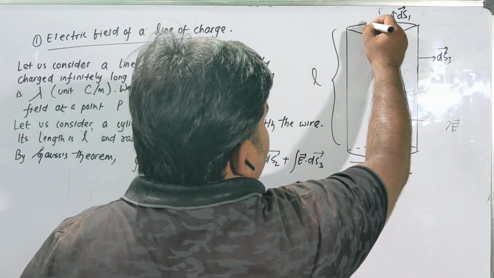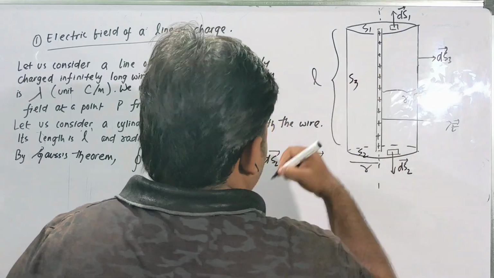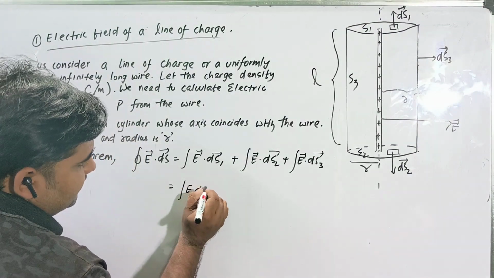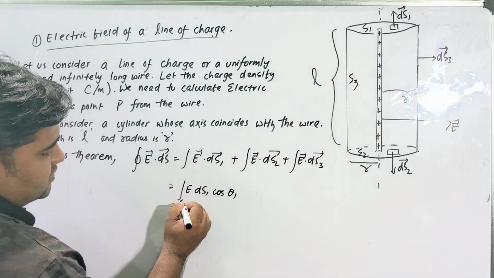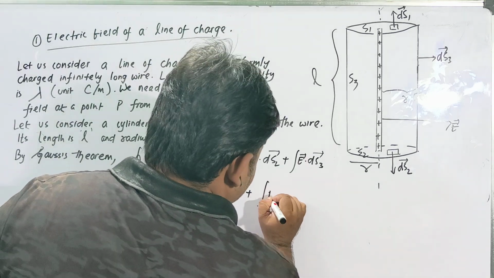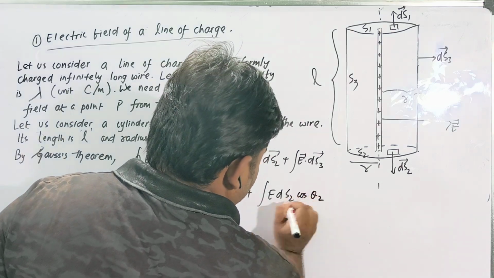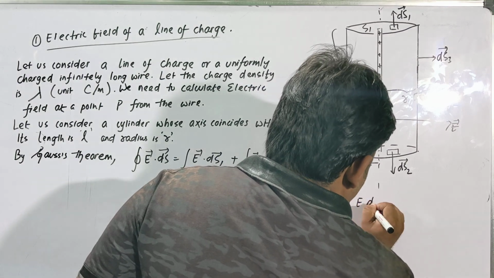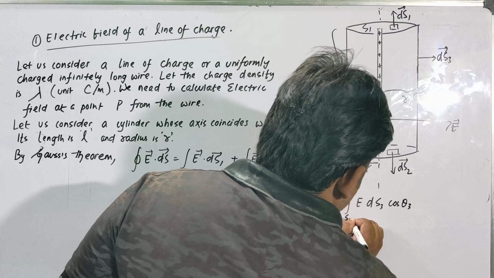So let us name this surface as S1, this as S2, and this as S3. So we have E ds1 cos theta 1 for S1, plus E ds2 cos theta 2 for S2, plus E ds3 cos theta 3 for S3.